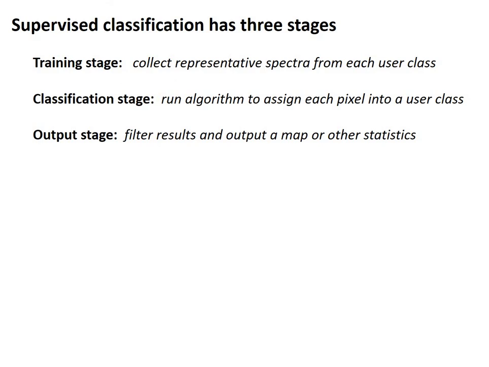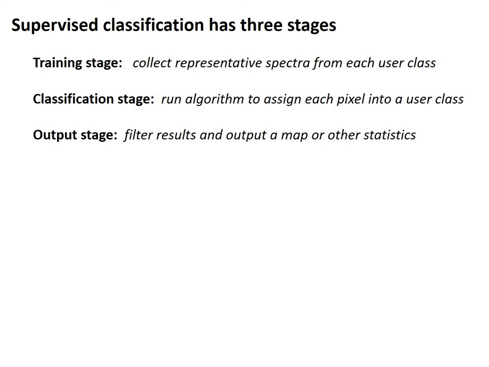Supervised classification has three stages. The first is the training stage, where we're going to define our user classes and then collect spectra from each class so that we can train the computer what each class looks like, basically what its spectral signature is. Next is the classification stage, when we'll actually run one of the algorithms, which will consider each pixel individually and classify it into one of our predefined user classes.